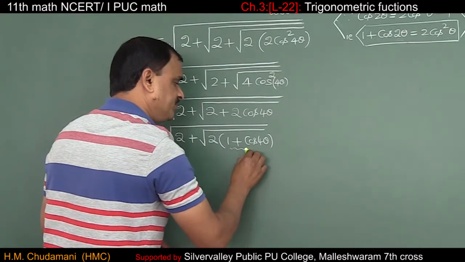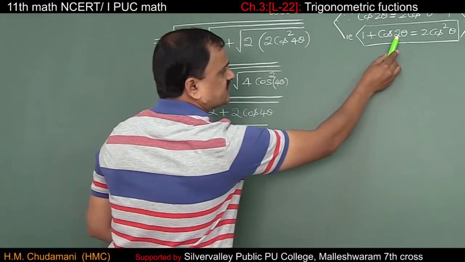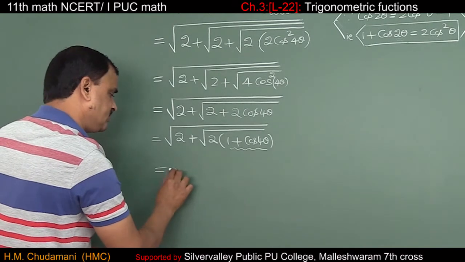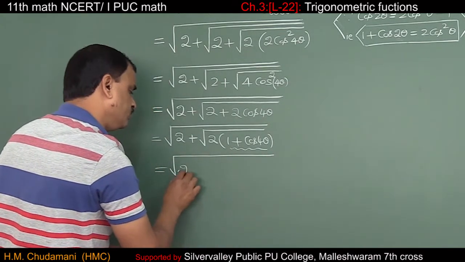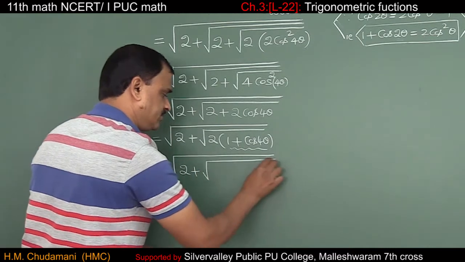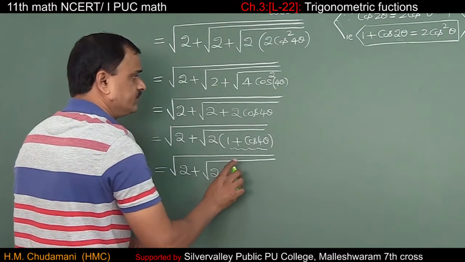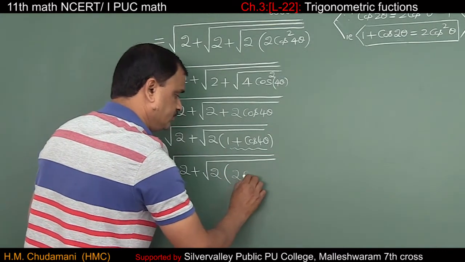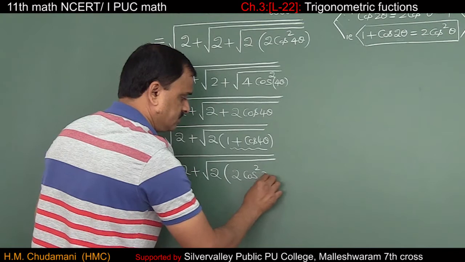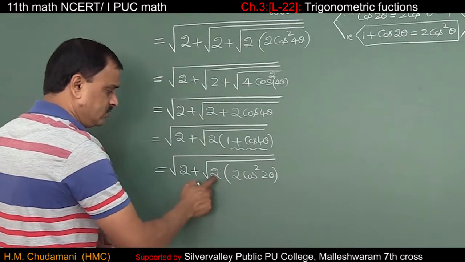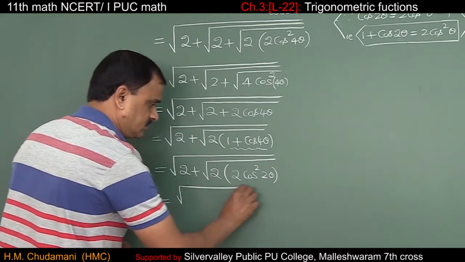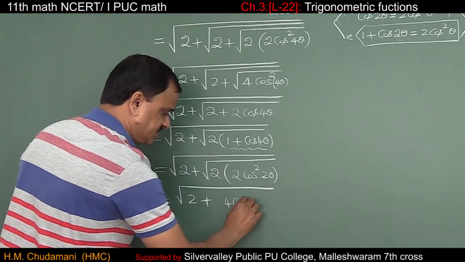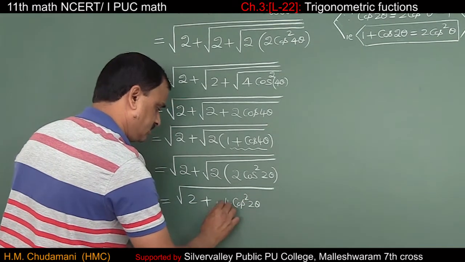What happens to 1 plus cos 4 theta? 1 plus cos 4 theta means half of the angle. So root of 2 plus root of 2 into 1 plus cos 4 theta can be written as 2 cos square 2 theta. 2 into 2 is 4, again root of 2 plus 4 cos square theta, cos square 2 theta.